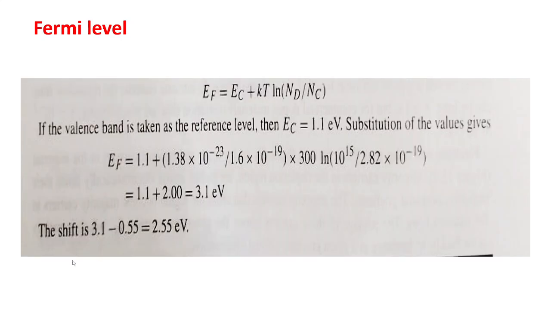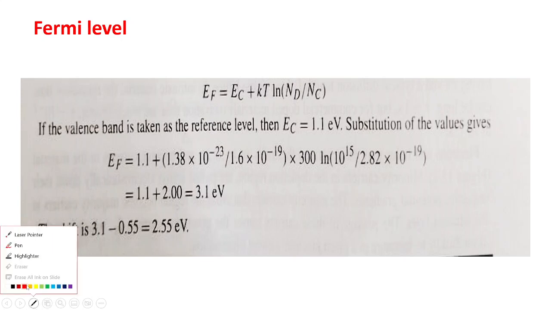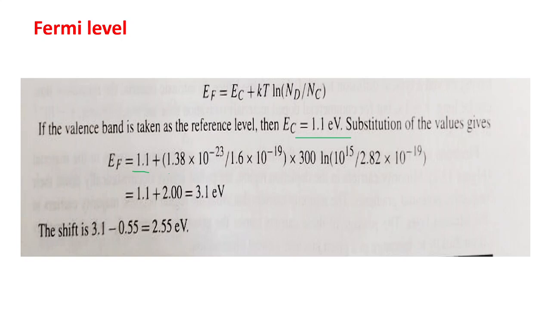So if you see here, for the value of EC we will use 1.1 electron volt, and for K we will use 1.38 into 10 raised to power minus 23. We are calculating the Fermi energy level on a per charge basis.